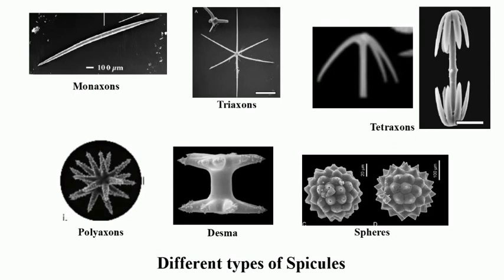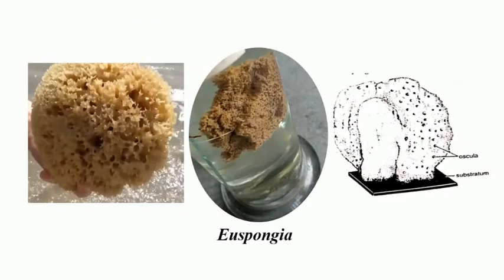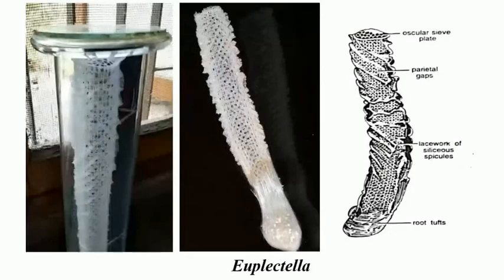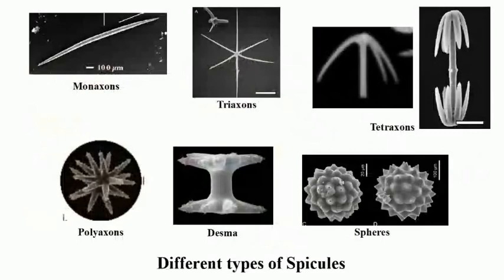If you look at the specimen by the naked eye, you will see it like this or like this. But under the microscope, you will find these are covered with spicules, or are siliceous in nature, and because of their size, number, and shapes, they can be used as a taxonomic character.